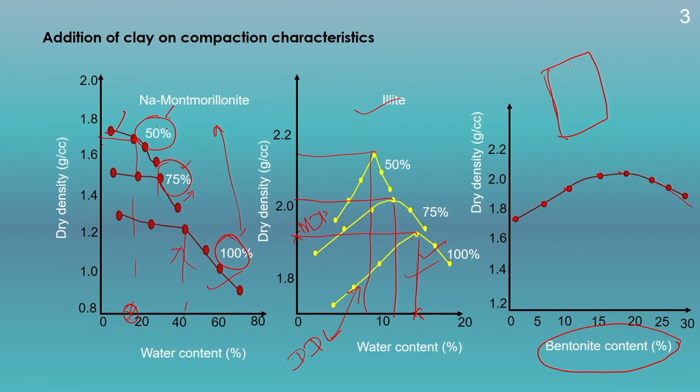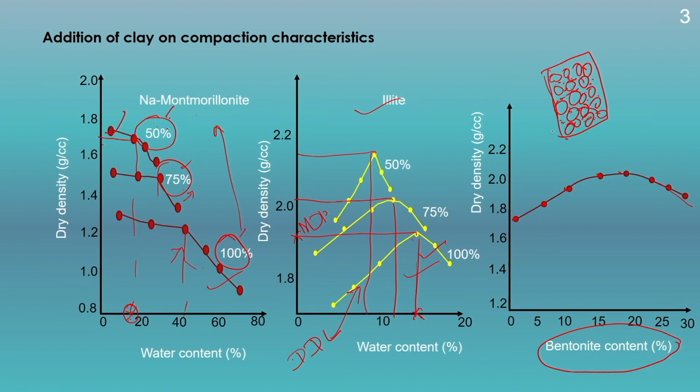If we take a non-expansive soil like this one, these are non-expansive solid particles, and if we fill it with, say, montmorillonite particles, due to the small size of the montmorillonite particles, they will go into the inner void space between these large non-expansive soil particles.